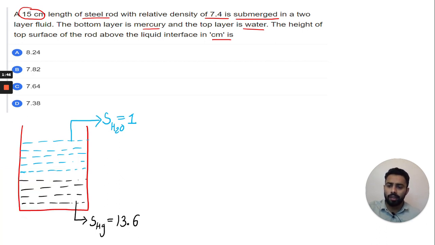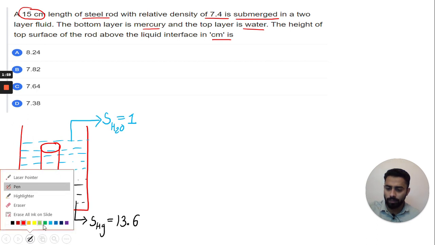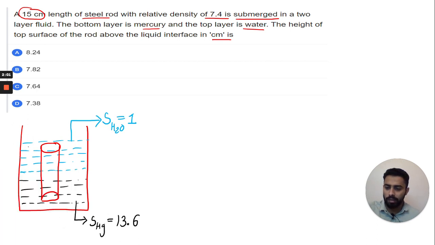So what is given? There is one steel rod. Let me draw the rod in this fluid. This is the steel rod. The height of the steel rod is 15 centimeter. This height is 15 centimeter.